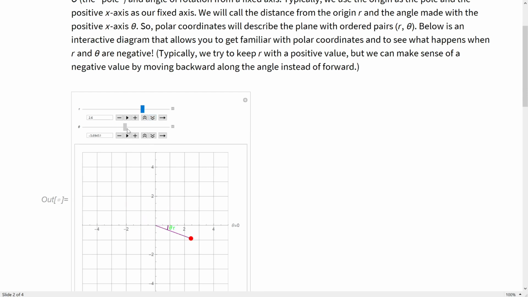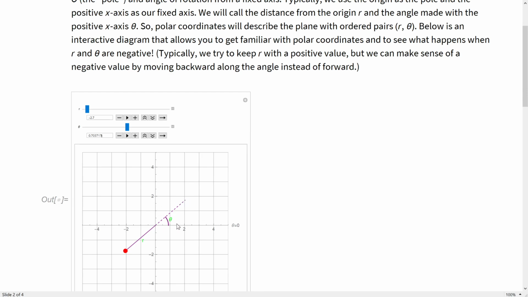Now what happens if we make r negative? Think about what might happen. Remember, if we make r bigger, it gets further away. If we make it smaller, it gets closer. So if you base this off of how it's changing, when we go negative, it shouldn't surprise you that we end up going the opposite direction from the angle.